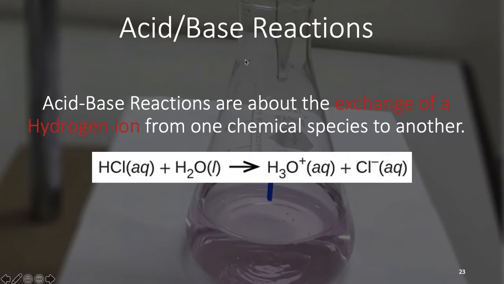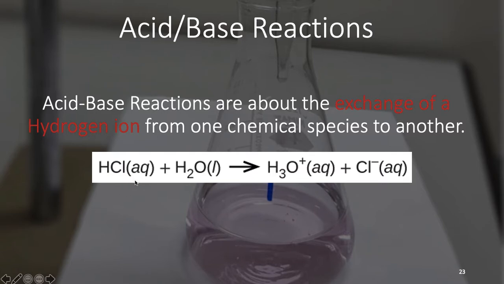The next set of reactions that we're going to talk about are acid-base reactions. These reactions are those reactions when I have an acid reacting with a base. These are reactions in which a hydrogen ion is exchanged from the acid to the base.